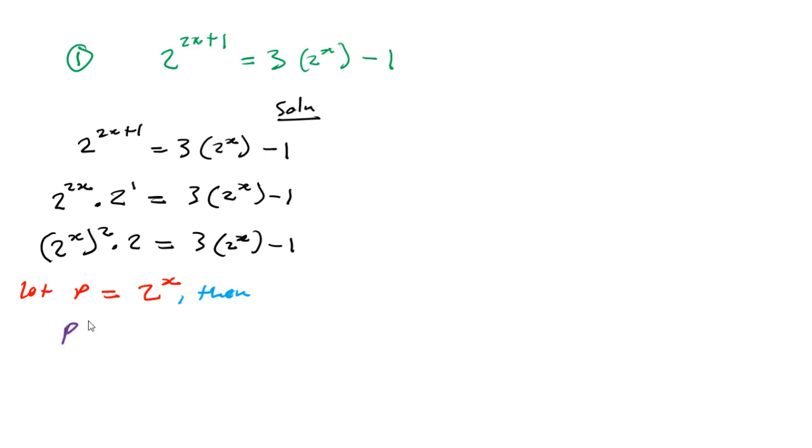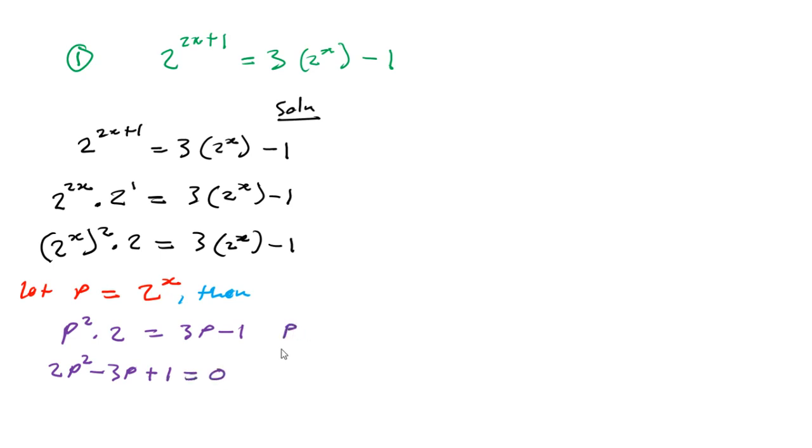So this will be p squared times 2 is equal to 3p minus 1. Then 2 times p squared is just 2p squared. Then 3p can go to the other side as minus 3p, and the minus 1 becomes plus 1, equal to 0.